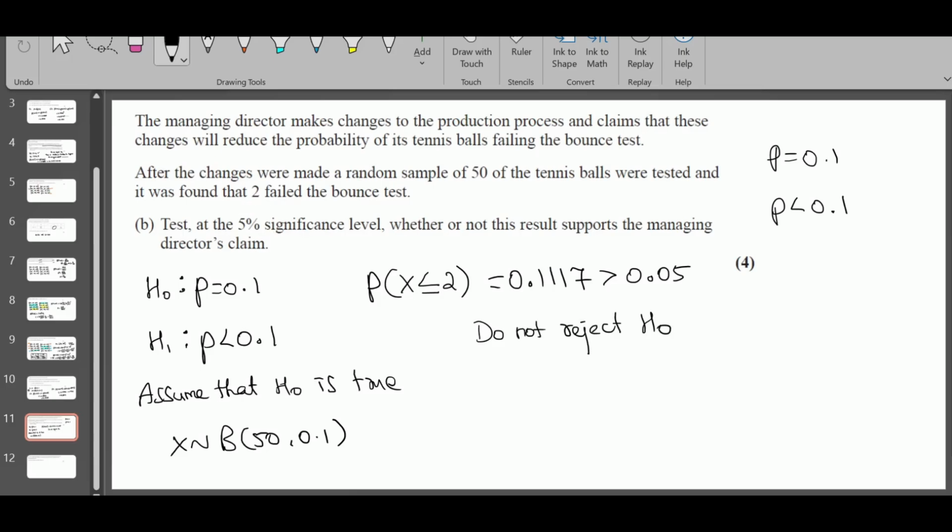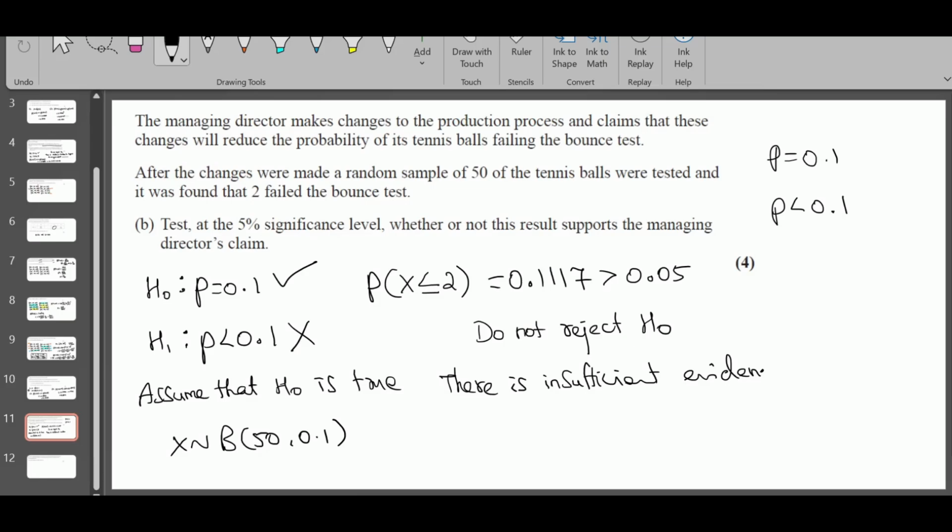So there is no evidence to support the manager's claim. So you need to write there is insufficient evidence. Don't just write do not reject or accept H0, you will lose marks. You need to write related to this context.